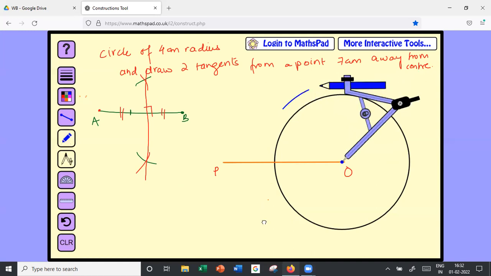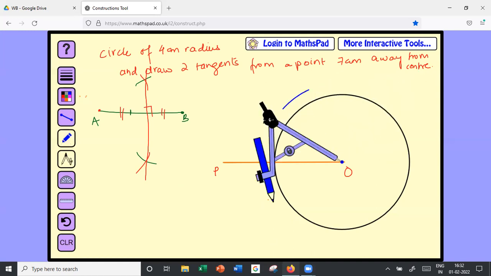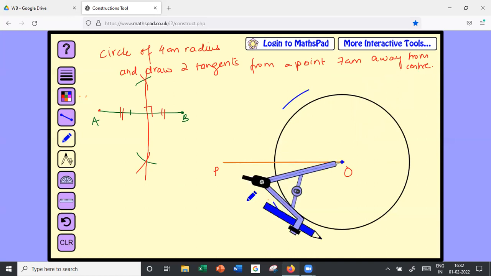Bottom as well. Ma'am, the circle's radius was 4 centimeters. Okay. I've made the perpendicular bisector.